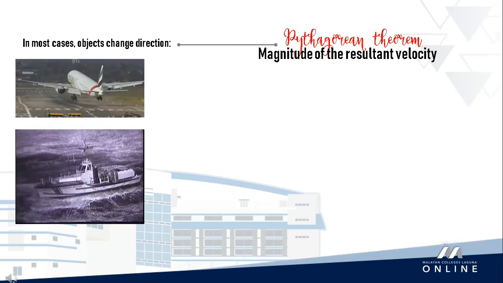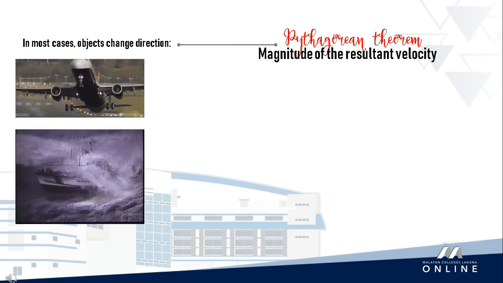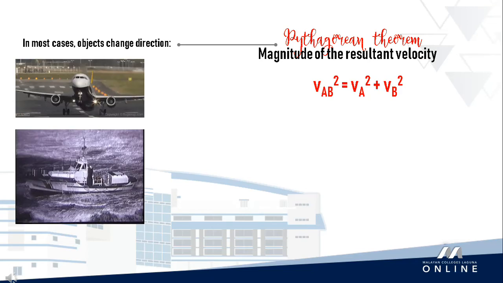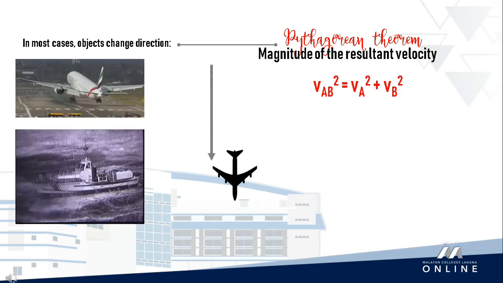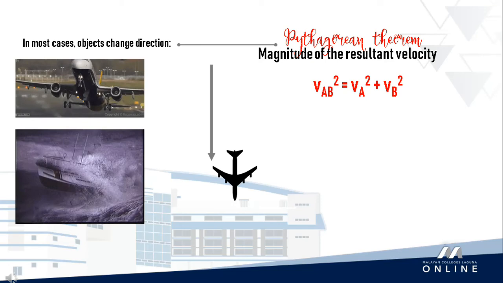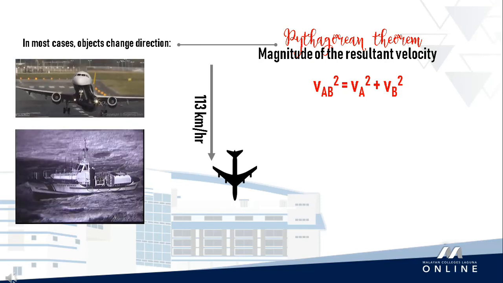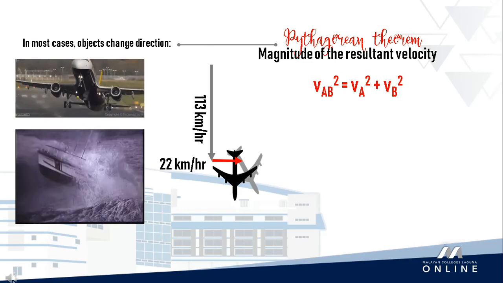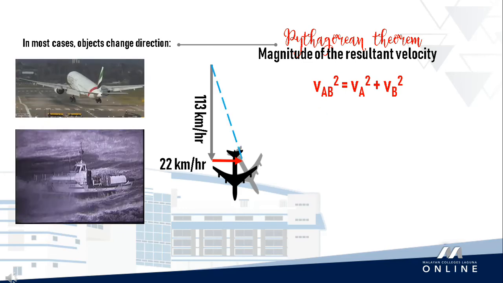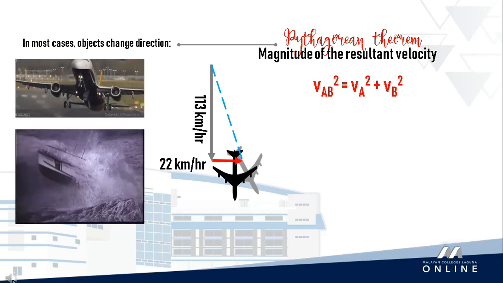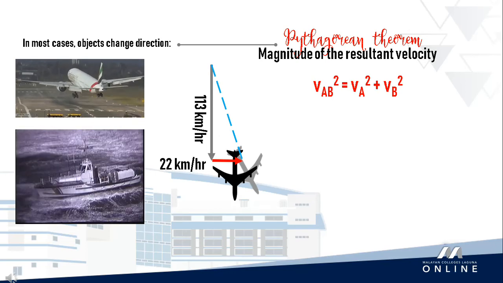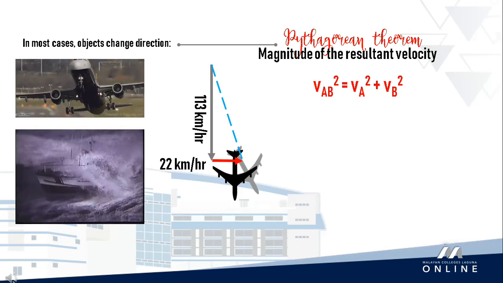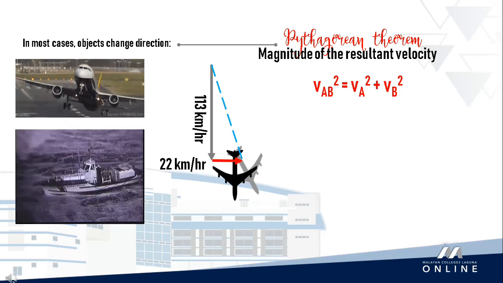To understand clearly, let us say there is an airplane traveling south with a velocity of 113 kilometers per hour. It then experienced a side wind that has a speed of 22 kilometers per hour. Now, we mentioned that to get the resultant velocity of the airplane, we must get the vector sum of the two velocities under consideration.